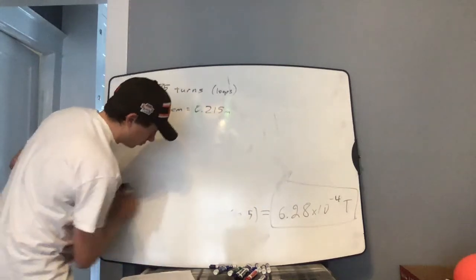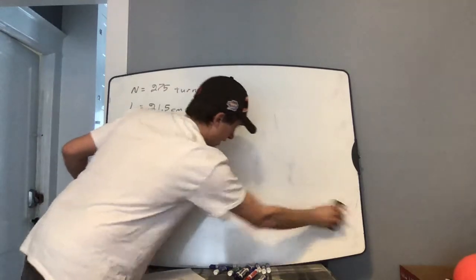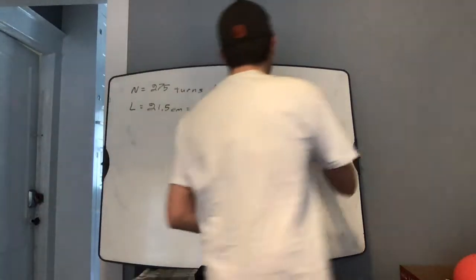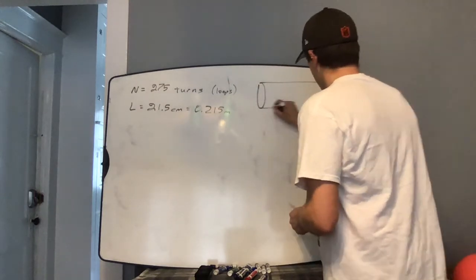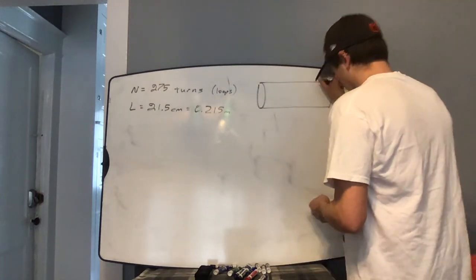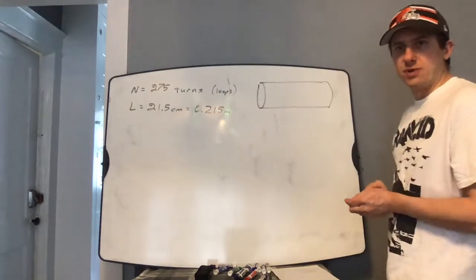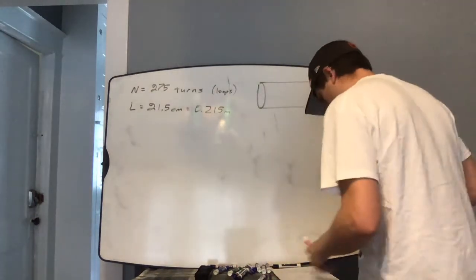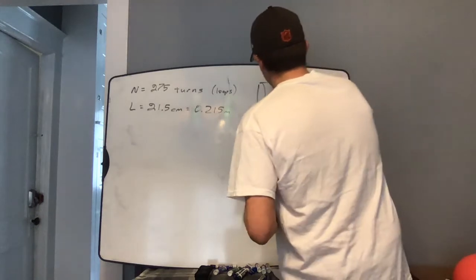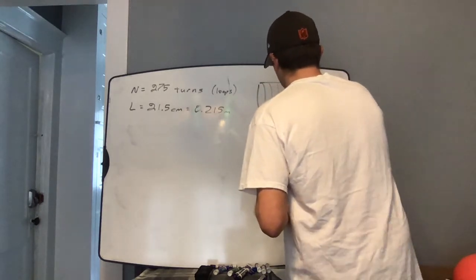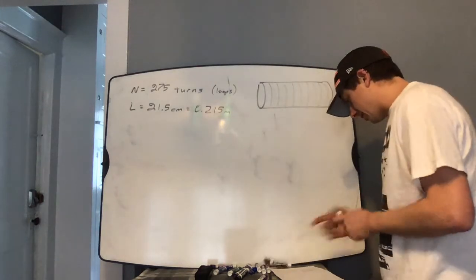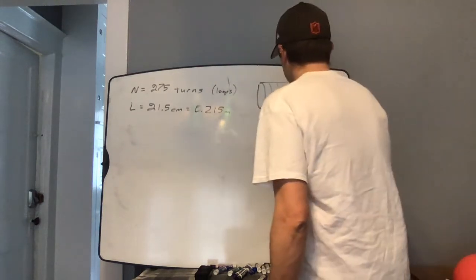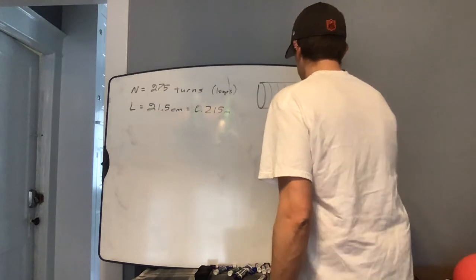And so what does this picture look like? We have our solenoid. Inside the solenoid, there is going to be a magnetic field. Here are the turns of my solenoid that are wrapped around, and there is a magnetic field pointing down the central axis of the solenoid.